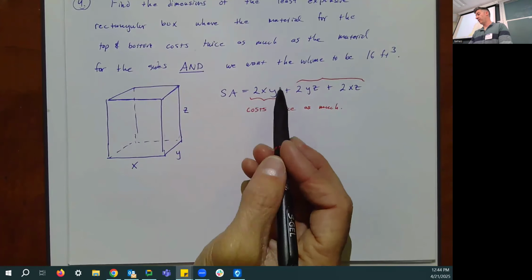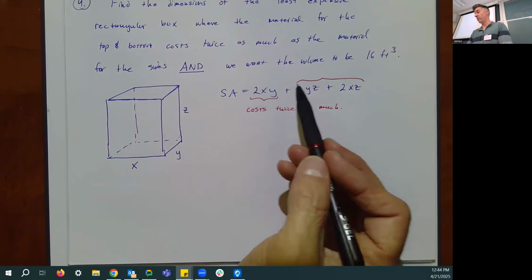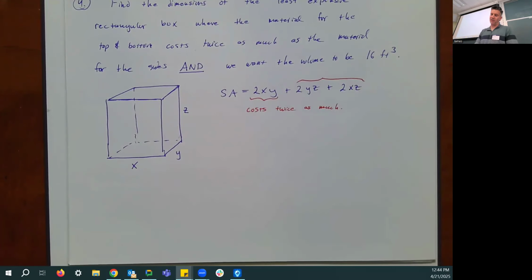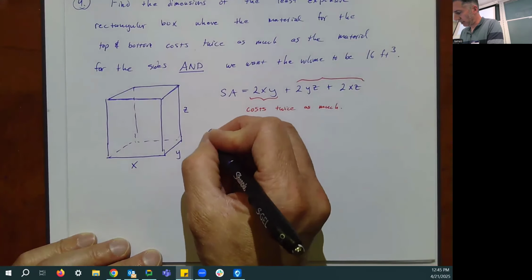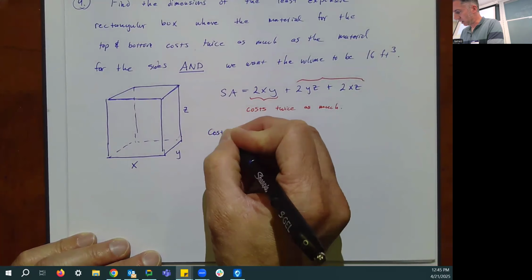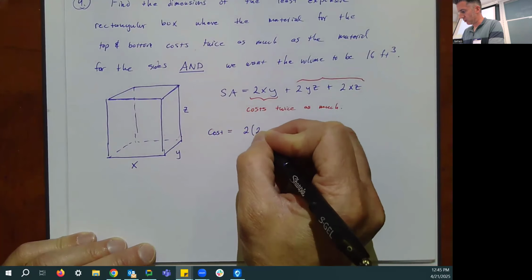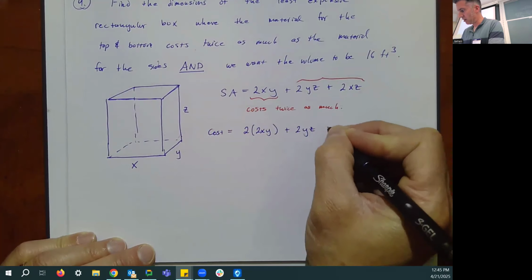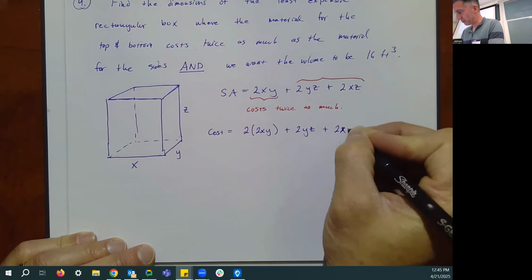So we need to multiply this part by twice as much as whatever we multiply this part by. And 2 and 1 are the easy choices. There are other logical choices. So our cost equation is going to equal 2 times 2 times X times Y plus 2 times Y times Z plus 2 times X times Z.